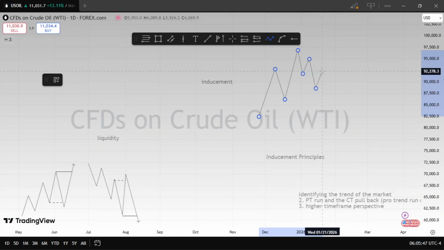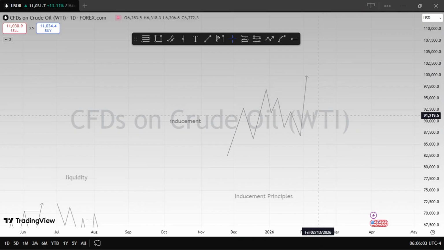So we know that here price is in the counter trend pullback phase, and after some time price taps into a demand zone and then takes out the structural liquidity. So this is the first phase of identifying inducement.